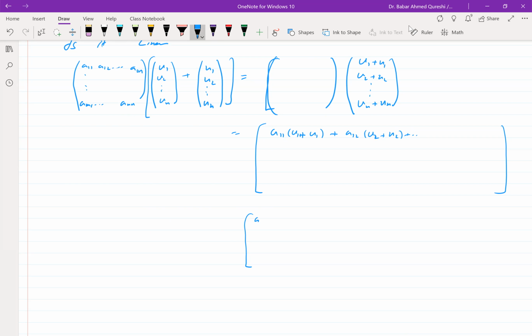And I will have A11 V1 plus A12 V2. So in one matrix I retain these, and in the other matrix I retain the U1 guys, and so on.